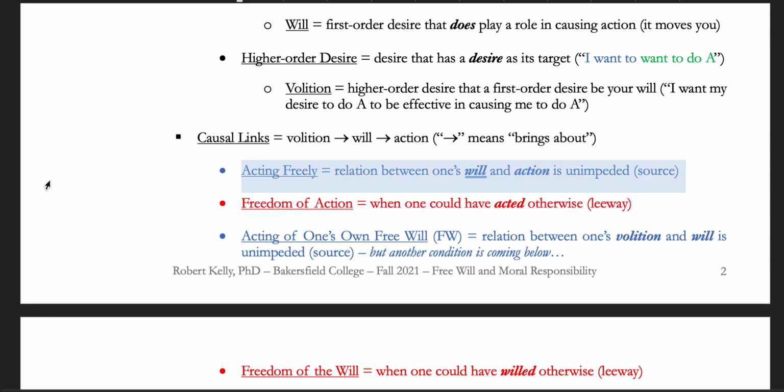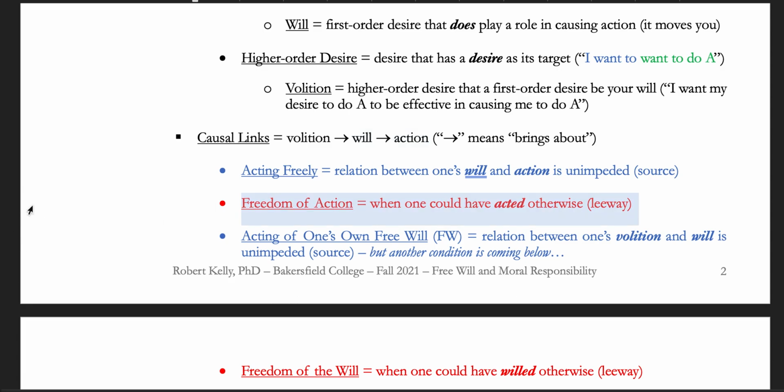In one sense, it just means that your will can bring about your action without any impediments. But there's another sense. You might add, well, you can have your will bring about your actions without any impediments, but also it might be true that you could have acted otherwise. So if your desire to do A actually makes you do A, that's this.